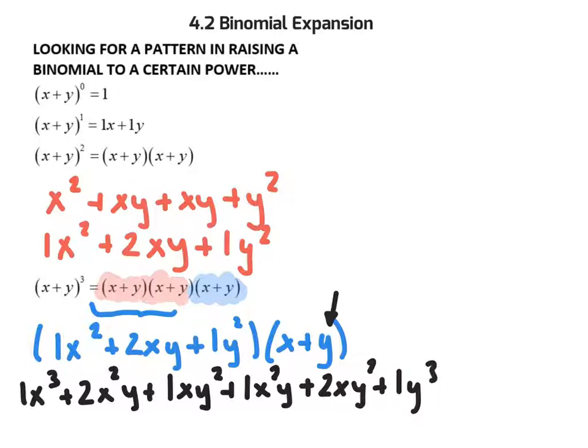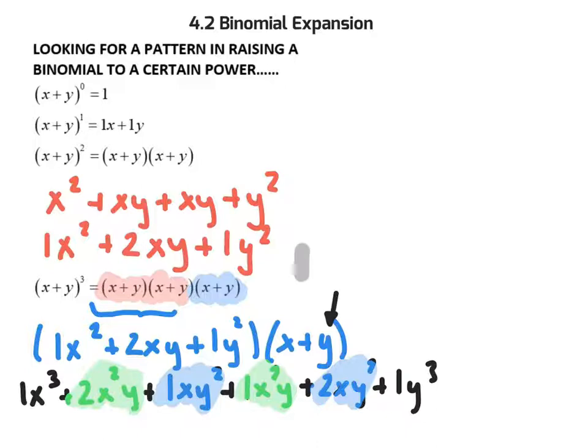Now, before I leave this, I want to summarize these together because there are some like terms. Can we find them? So this has got an x squared y. Do we have another one? Yes, we do. We got another one of those. And do we have an xy squared? There's an xy squared and an xy squared. So I'm running out of some room, but let's do it.